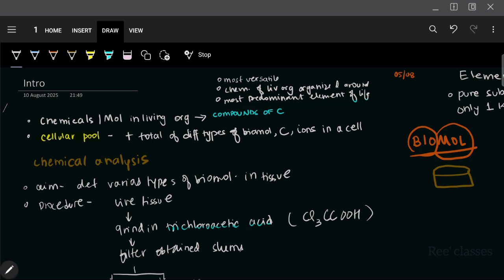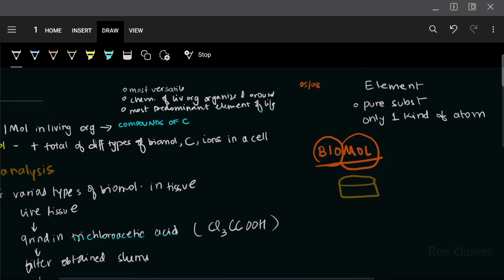So therefore it's very versatile. It's forming proteins, lipids, carbohydrates, right? All of that, and it's the most predominant element of life. Okay, life itself is carbon. It's compounds of carbon, right?